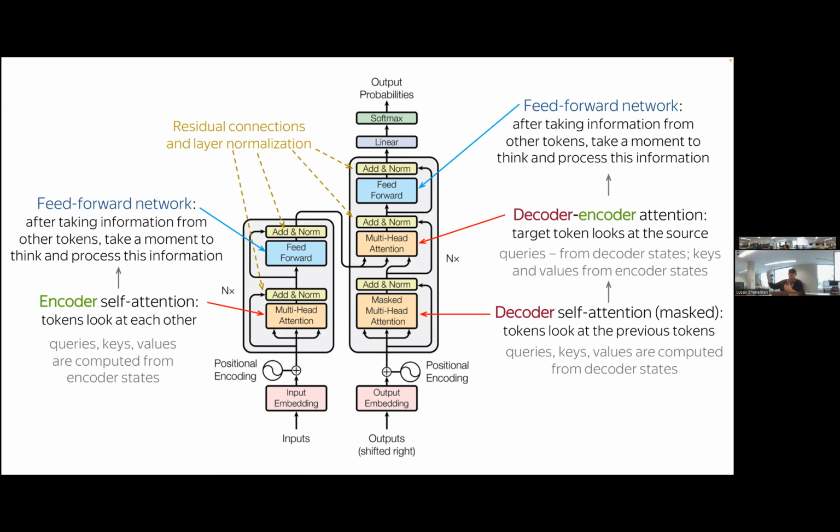You're just doing next token prediction on one sequence. So let's just focus on the decoder only, which is the middle piece there, the longer part of the architecture.